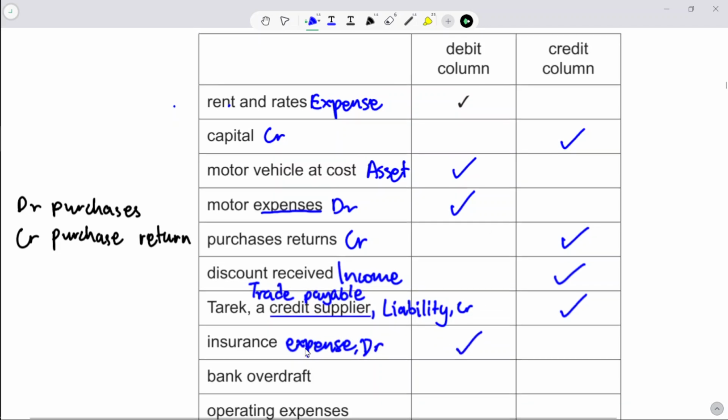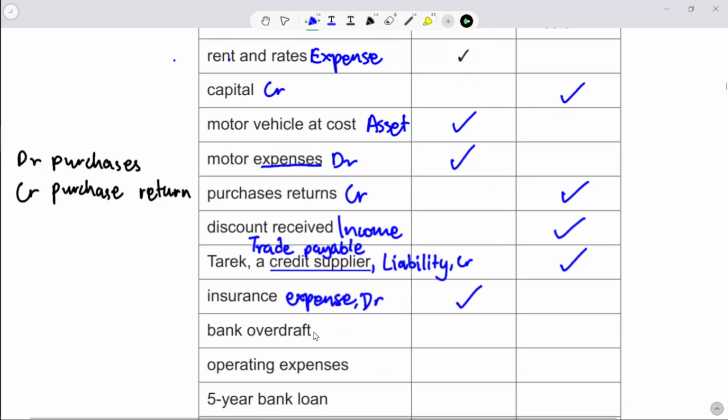Then bank overdraft is a liability, so we credit. And then expenses, so we debit. Loan is a liability, so we credit.